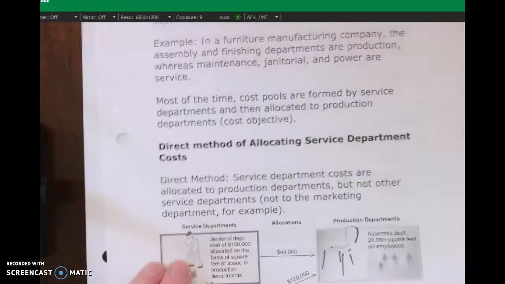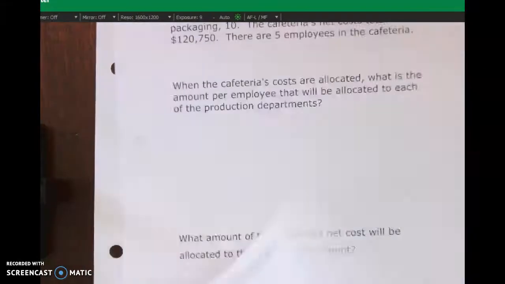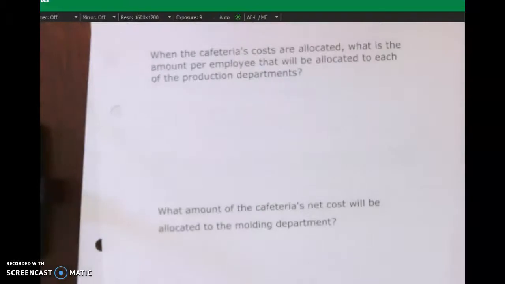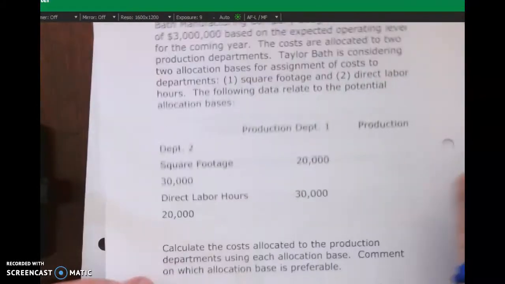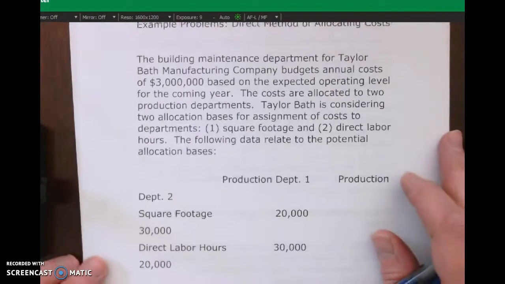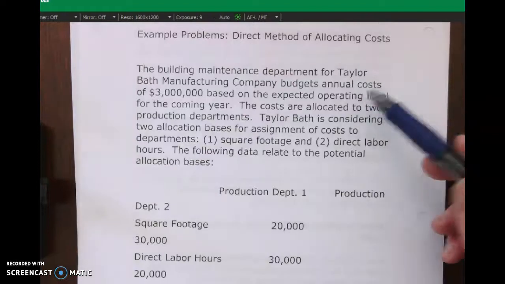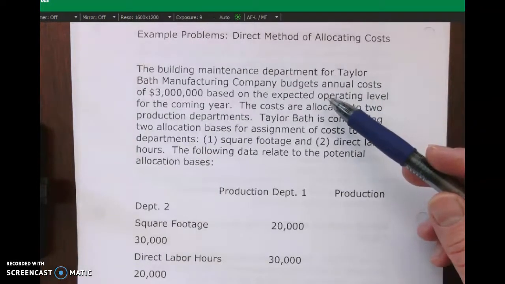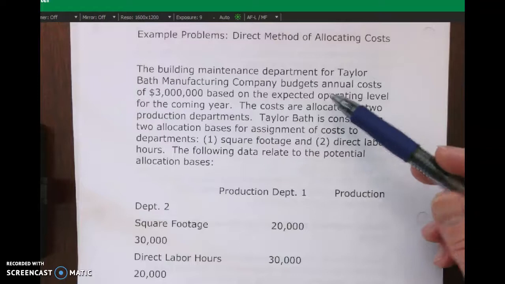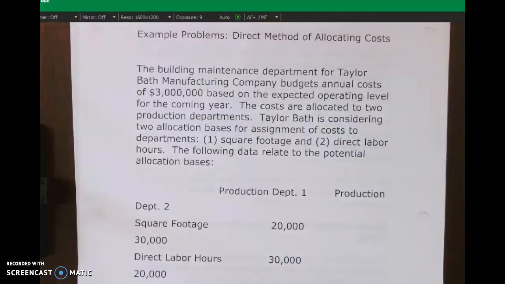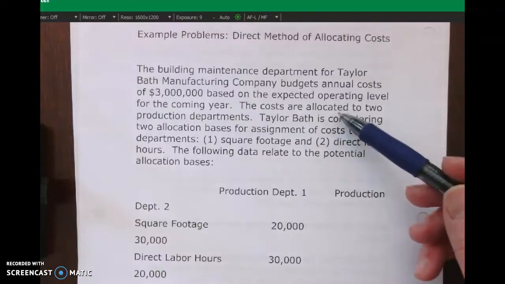If we continue on and look at the next page right over here, we have an example of the direct method. Let me just pile these up. What we say right over here is the building maintenance department for our Taylor Bath Manufacturing Company budgets annual costs of $3 million. And the costs are allocated to two production departments.